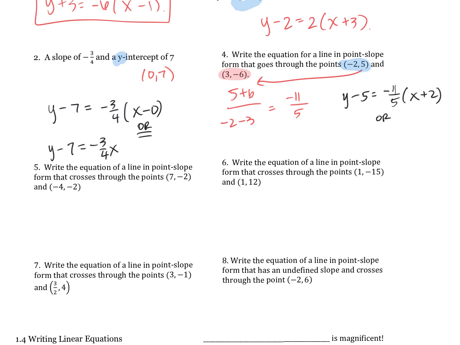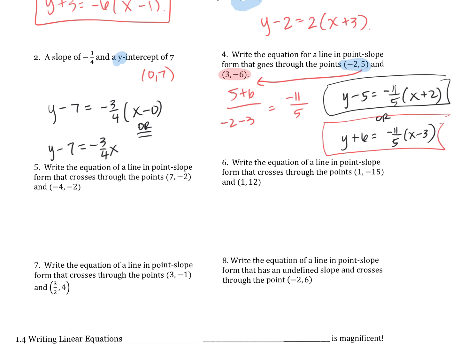But Garris next to him is like, weird. I was choosing the other one. Garris chose the red one. So his answer would be y plus 6, because mine's the negative, equals the same slope, negative 11/5, times x minus 3. Do you have to write both of them? Certainly not. If Parker has the first one and Sam has the second one, does my answer key have both of them and ready for both of you? Yeah. Doesn't matter which one you choose, because when I graph these, they're going to be the exact same line.